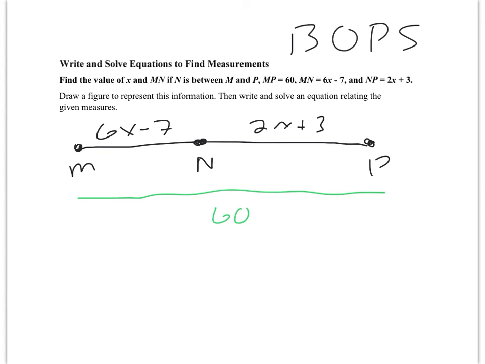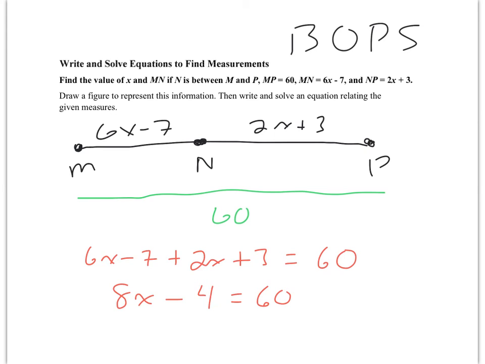So now the equation I'm going to write is 6x minus 7 plus 2x plus 3 is equal to 60. 6x plus 2x is 8x. Minus 7 plus 3 is minus 4. That equals 60. So I'm going to add 4 to both sides. I have 8x is equal to 64. And lastly but not leastly, I'm going to divide both sides by 8. x is equal to 8.